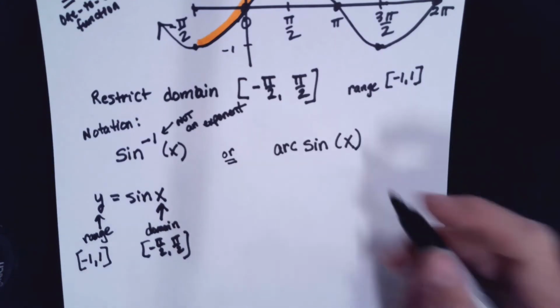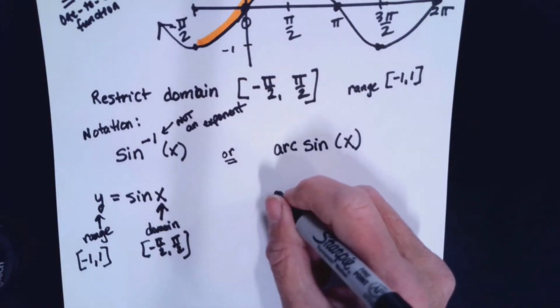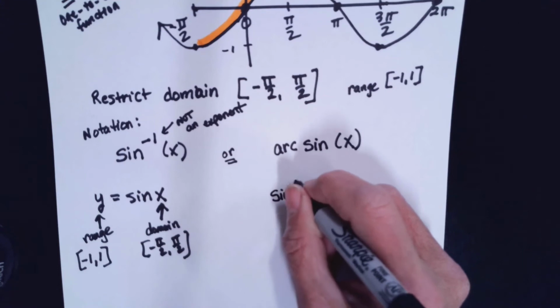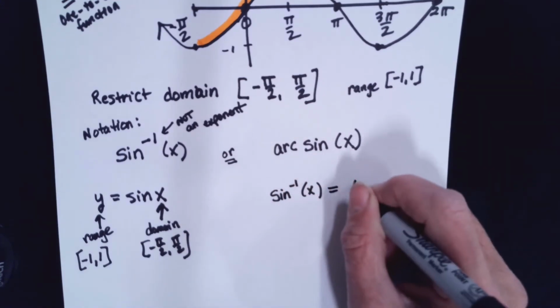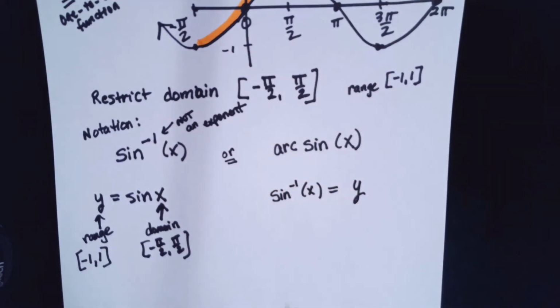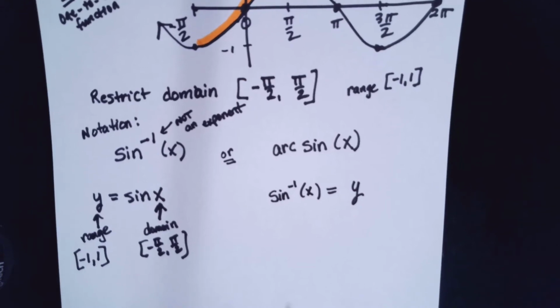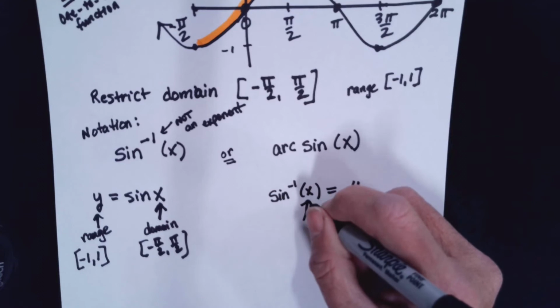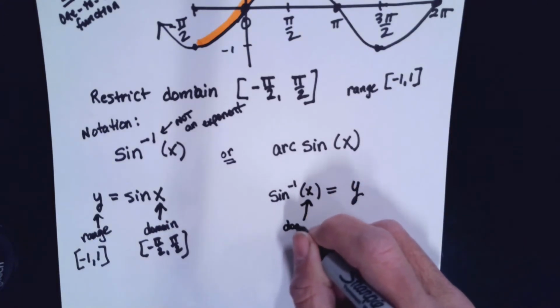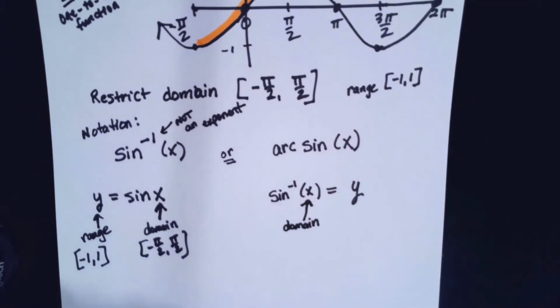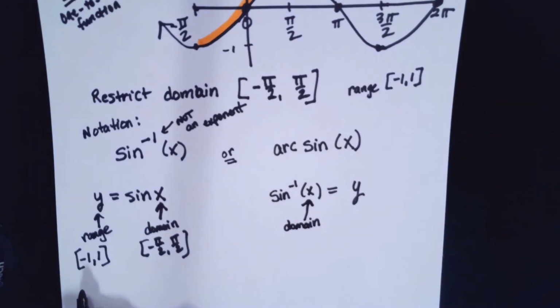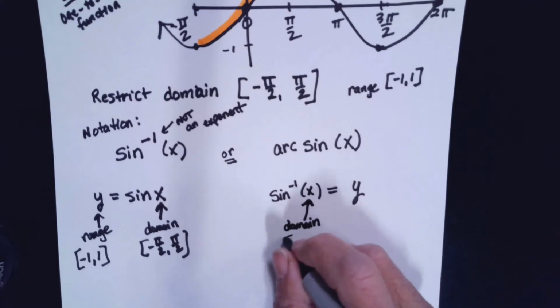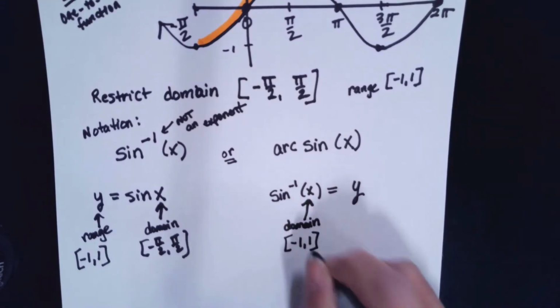Now let's switch it around and look at the inverse function. The values we can put in here, the domain of our inverse function, remember that's going to be the same as the range of the original function. So for the inverse function, our domain is going to be from -1 to 1.